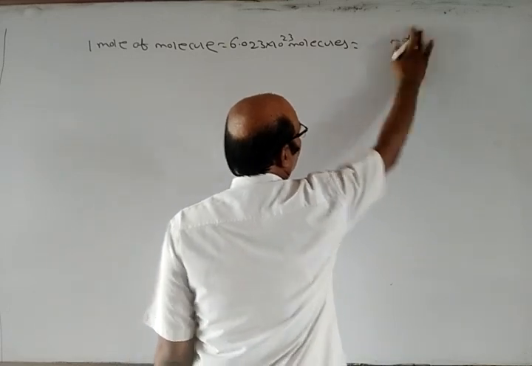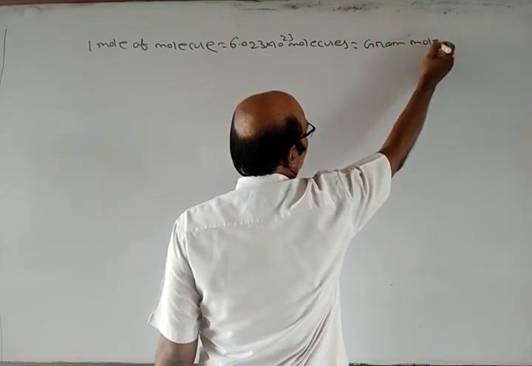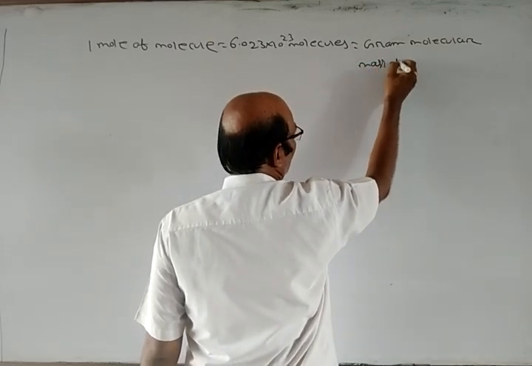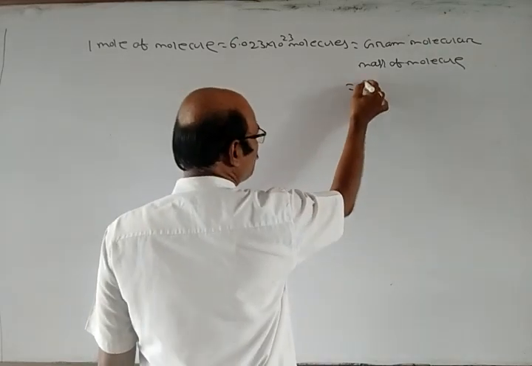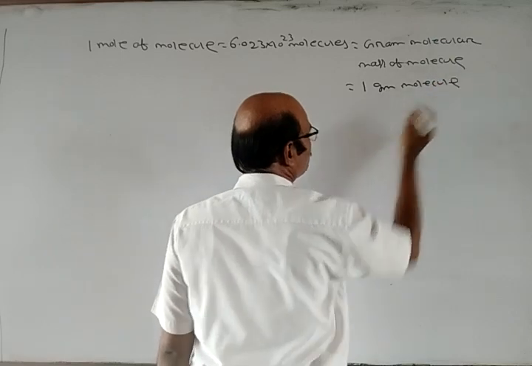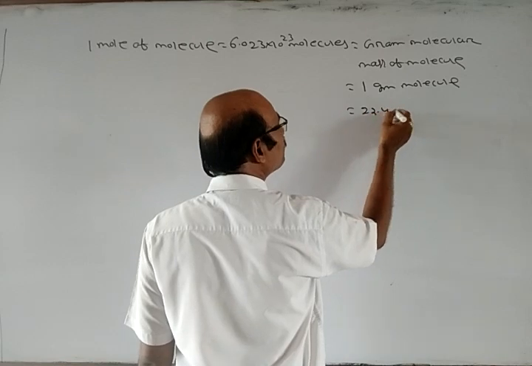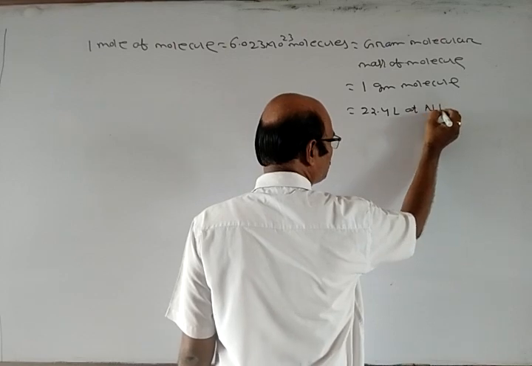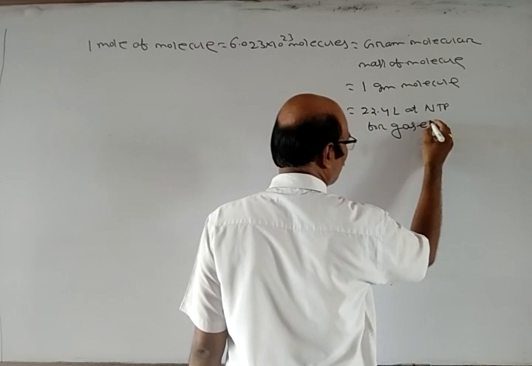One gram molecule is equal to what? 22.4 liter at NTP for gases. Okay.